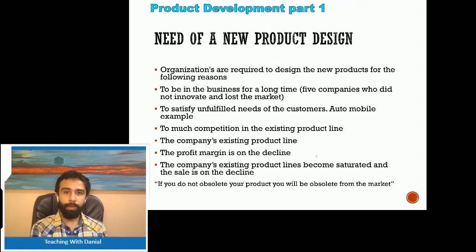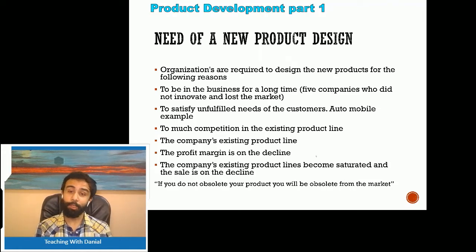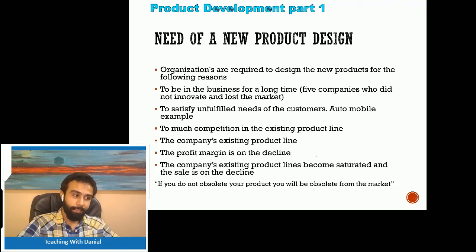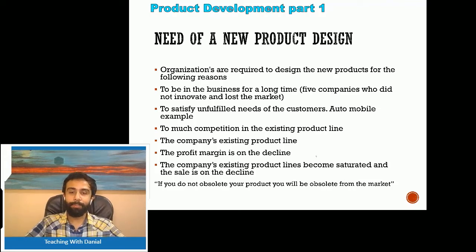Now, the next point, the profit margin is on the decline. You are growing, everything is good. Raw material is coming at a price where you were very comfortable, gaining, let's say, 50% of your selling price as profit.